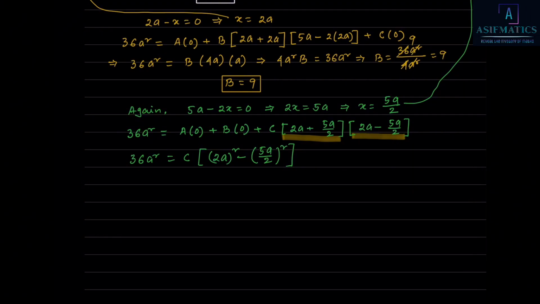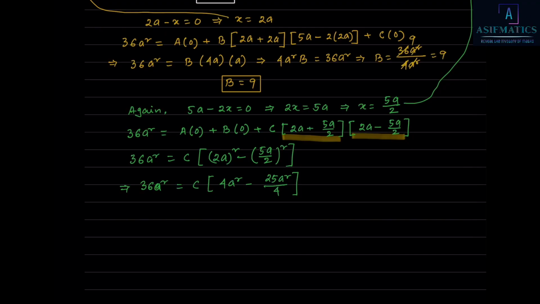So from here we get 36a square equals c times 4a square minus 25a square by 4.